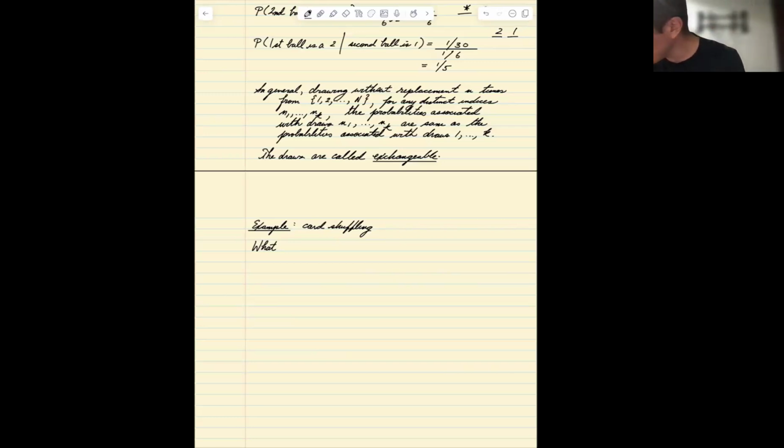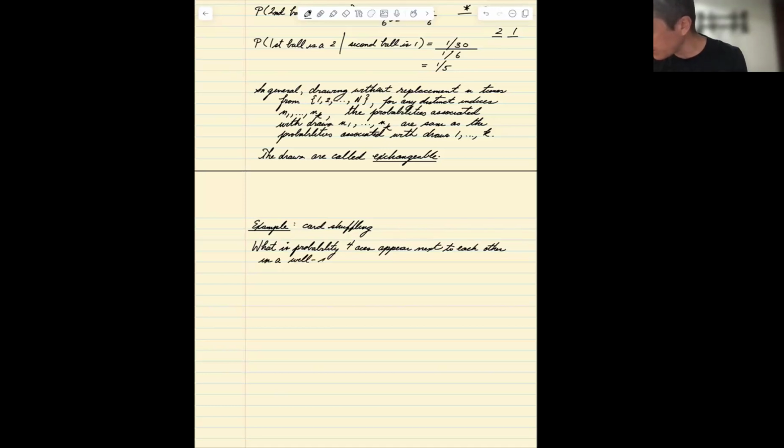And the question is, what is the probability that the 4 aces appear next to each other in a well-shuffled deck?